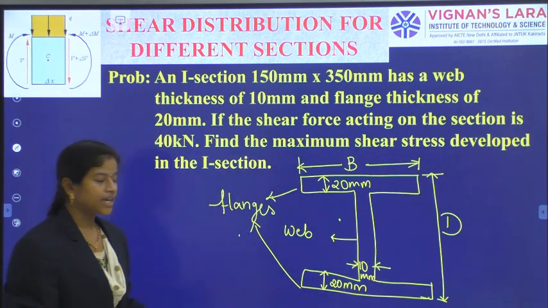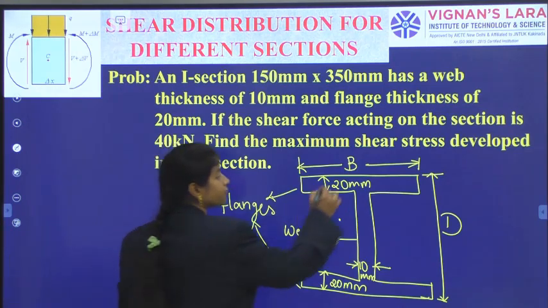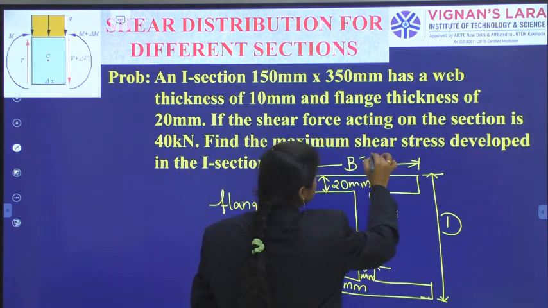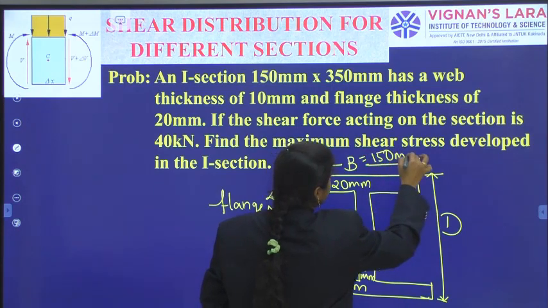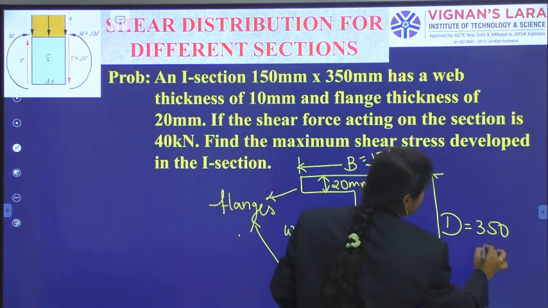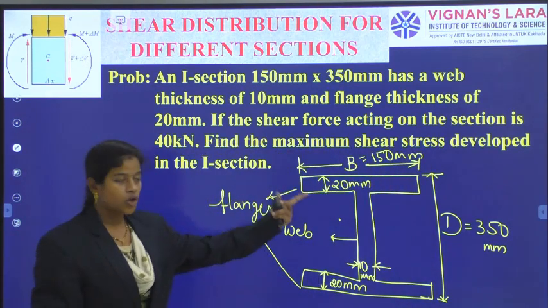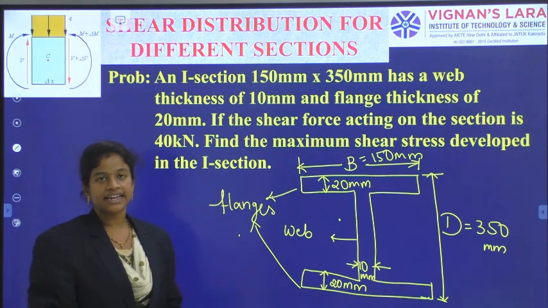In this way they have given the section and mentioned the width of the beam, B, which is 150 mm, and the depth of the beam, D, which is 350 mm. So the detailing of the cross-sectional dimensions is over.